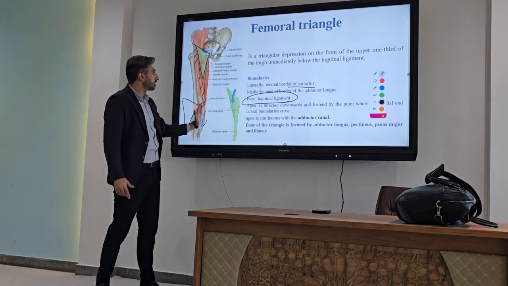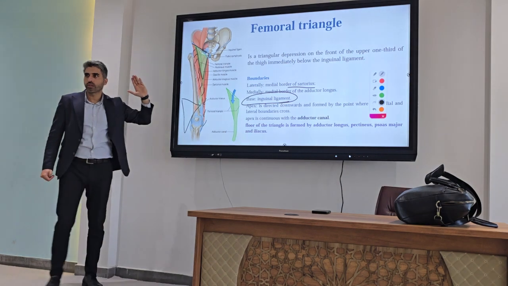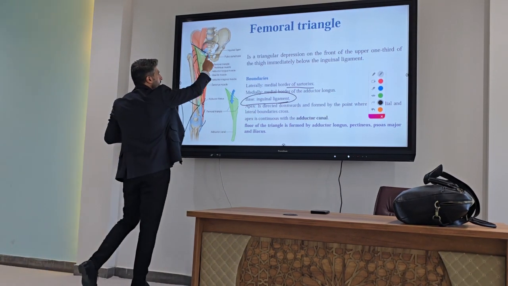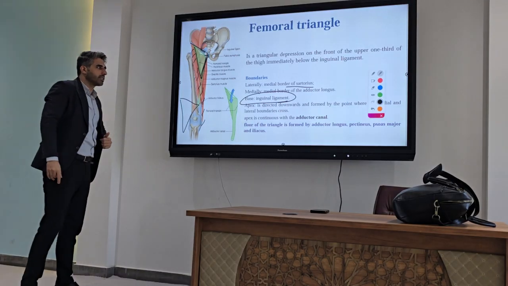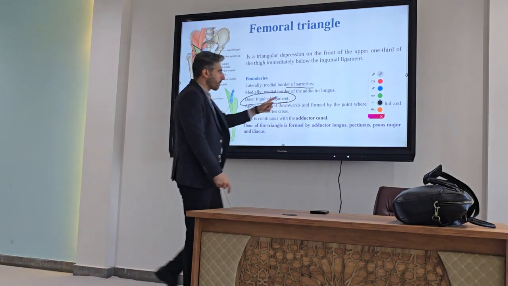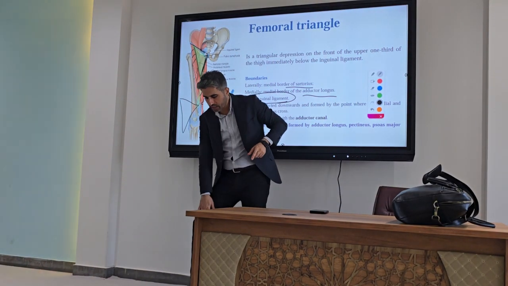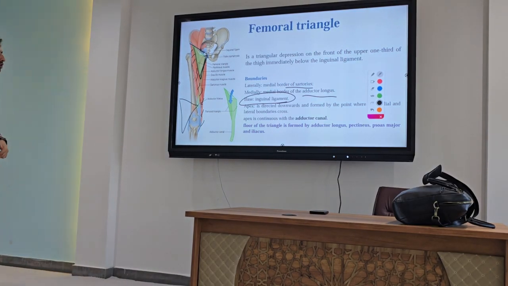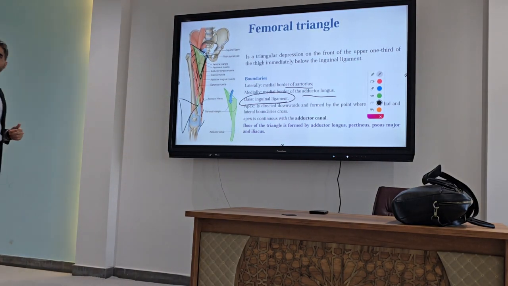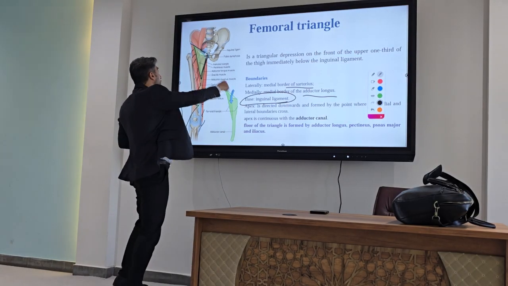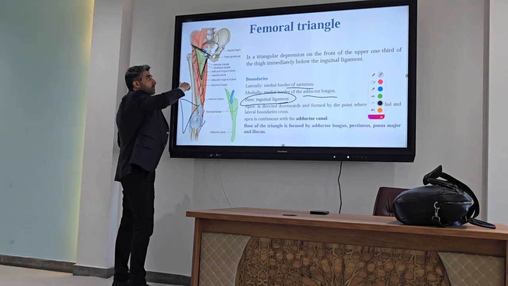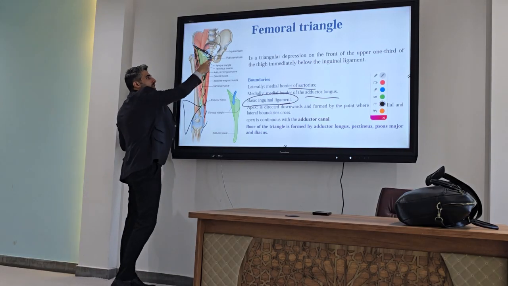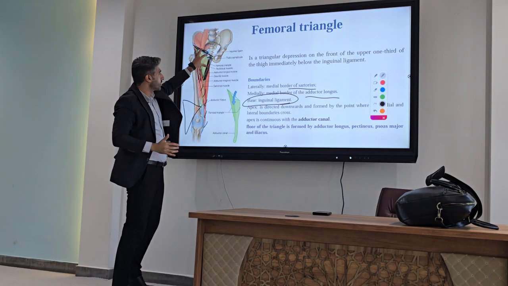I will explain it for you on the anterior side. The medial side of the triangle is adductor longus, which is part of the medial compartment of the thigh. So this is the shape of the triangle: base, inguinal ligament; lateral border, sartorius; medial border, adductor longus.